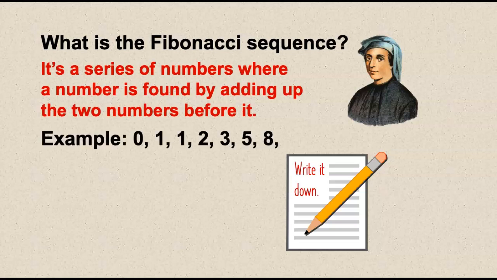For example, start with 0 and then a 1. To find the next number, I would say 0 plus 1 equals 1. If you go back before that number 1 to the first one, I'd say 1 plus 1 equals 2.